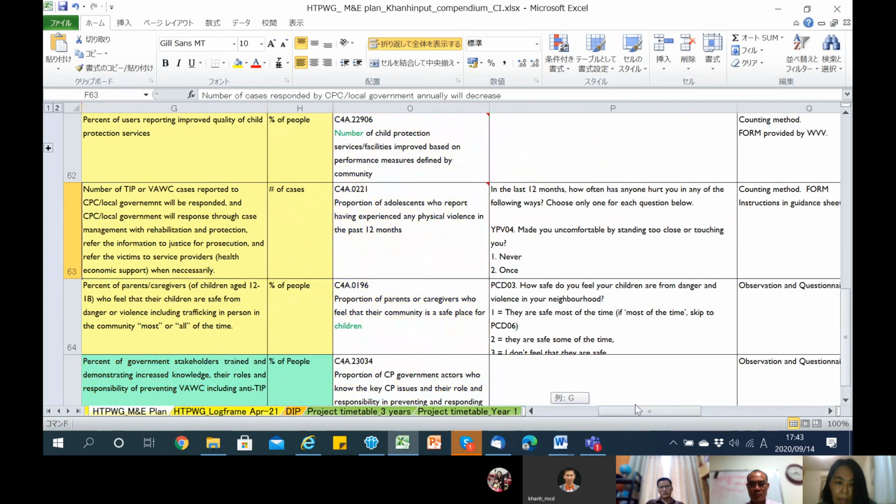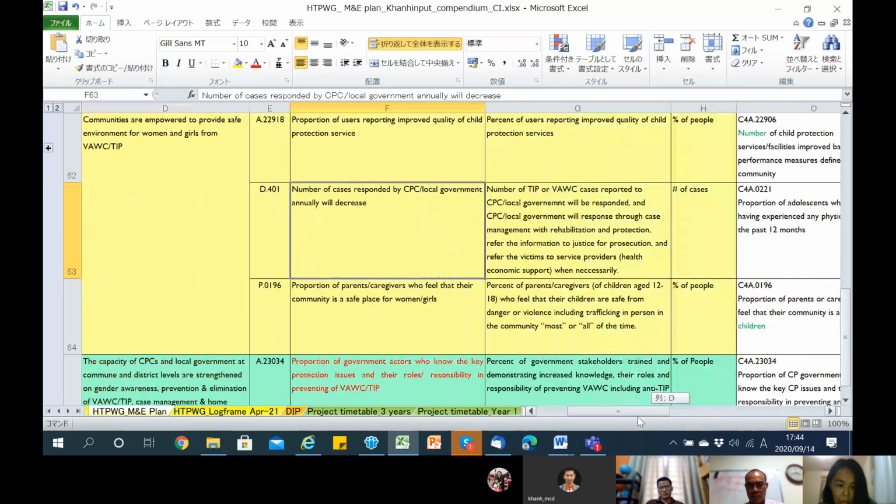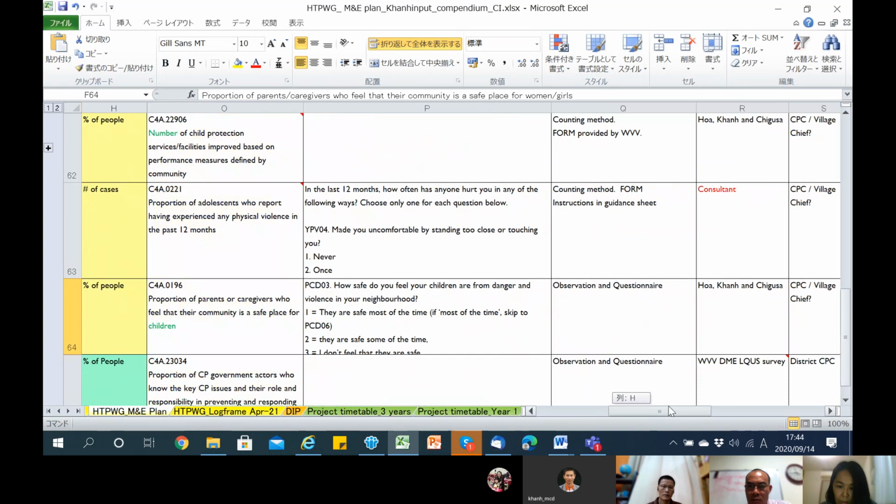So I think we need to revisit this indicator as well tomorrow. The last indicator is the proportion of parents and caregivers who feel that their community is a safe place for women and girls. And we have a compendium indicator for this: proportion of parents or caregivers who feel that their community is a safe place for children.